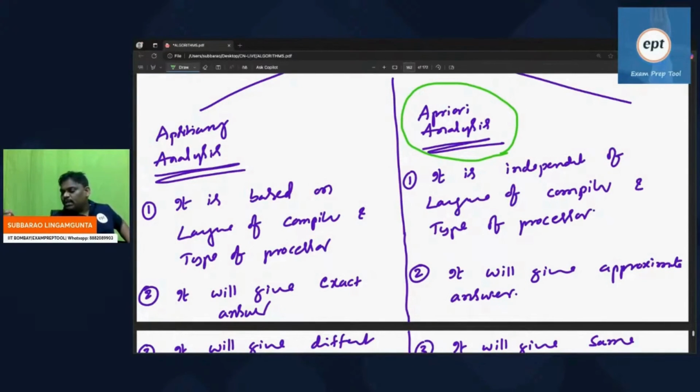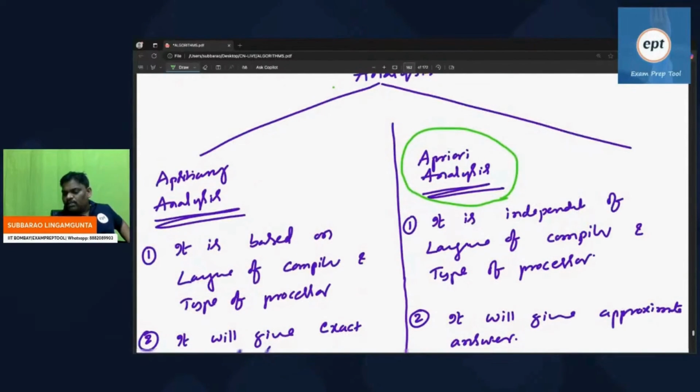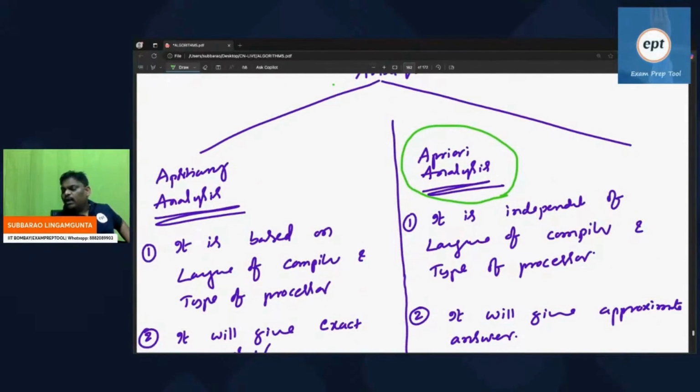Type of processor doesn't matter. According to the first analysis, only if those two things are good is your program good. But the second analysis says those two things are immaterial. You have a slow processor, then also no problem. You have a very slow compiler language, then also okay. This analysis says that anyhow I am independent of the language of the compiler and the type of processor.